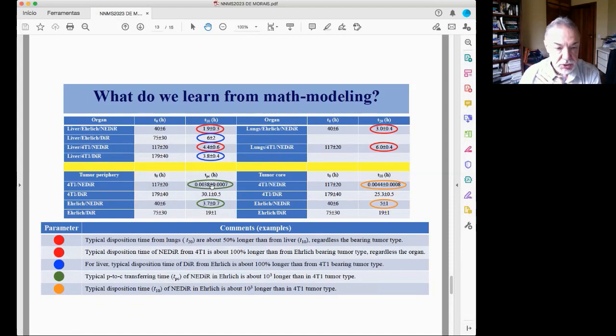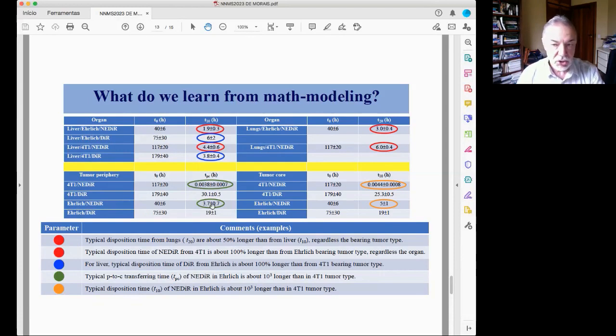This is a typical transient time, and you can compare the 4T1 tumor with the Ehrlich tumor. Here it is about 3 orders of magnitude longer. The nanoemulsion stays in the tumor shell much, much longer in the Ehrlich tumor, more than 1,000 times longer.